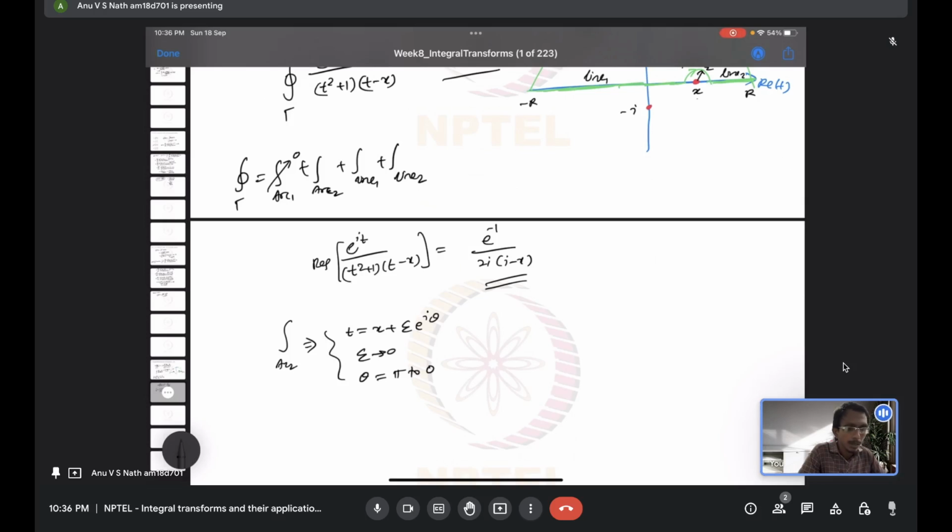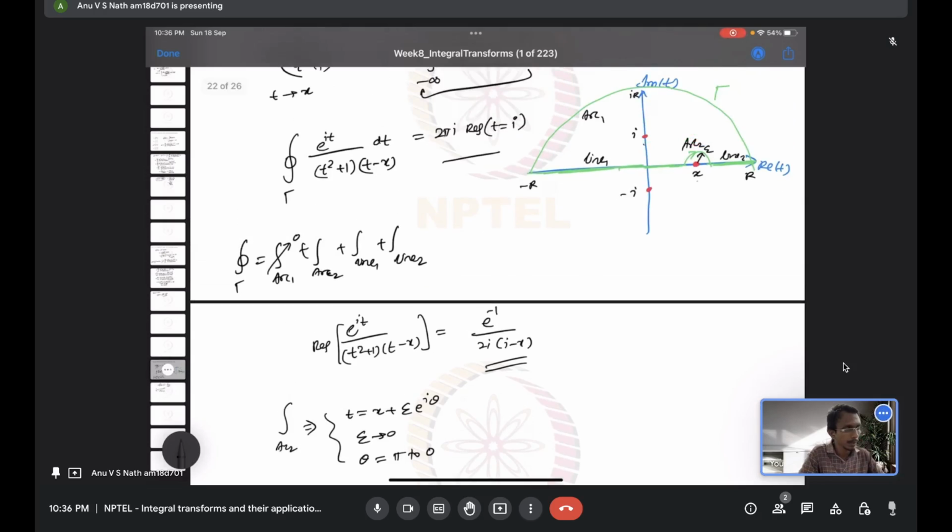In the limit of epsilon tending to 0, you will find there is a finite contribution from that integral. Like that you can find the solution. I'm just leaving it here, so you can try this out and find the solution. It's actually simple, but I just thought I would explain this.